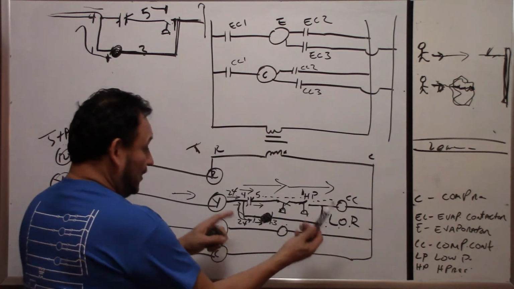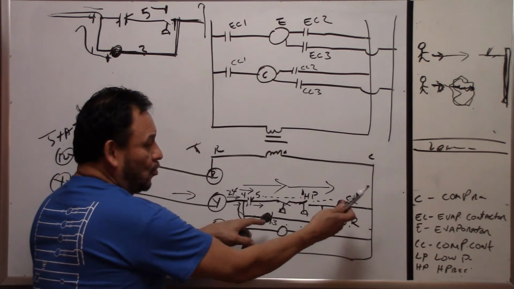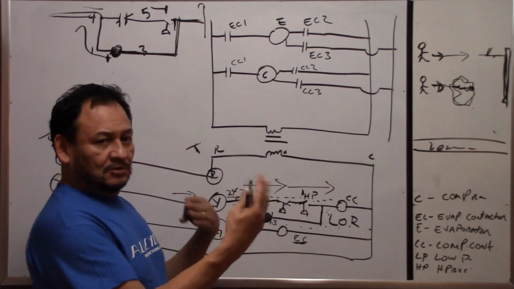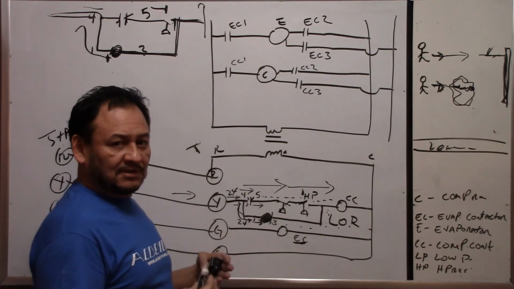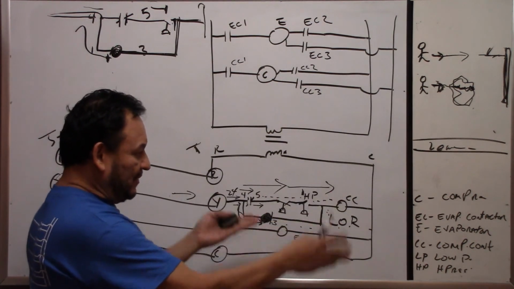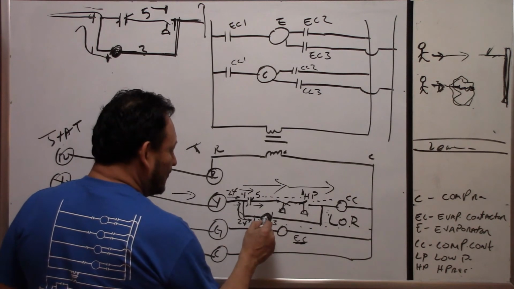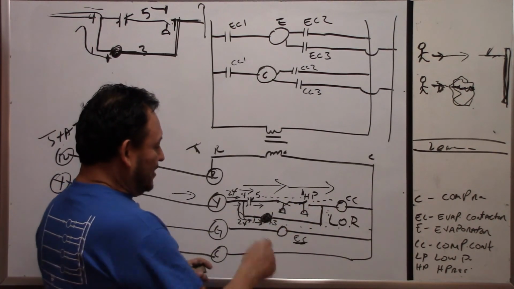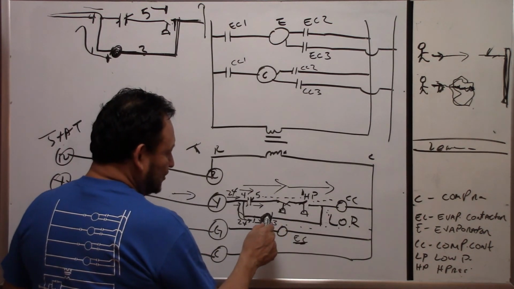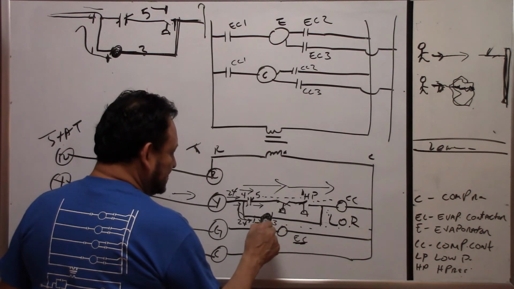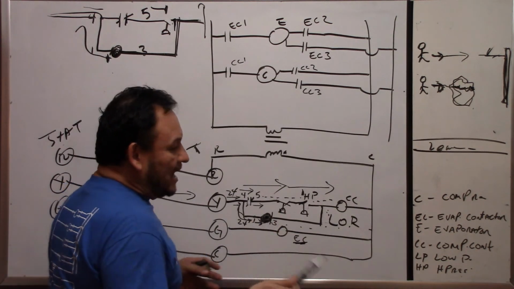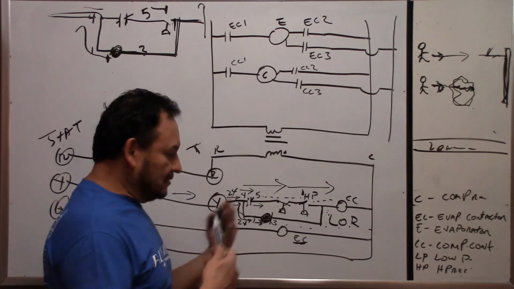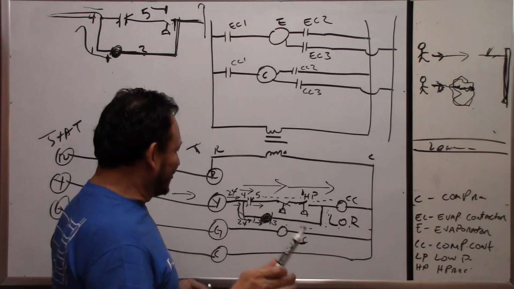Because if we had two contactors or two coils the same size, it's going to chatter, which I have done before. My friends and I were trying to see what would happen, and it was chattering because it was going up and down. Because this coil has more resistance than this one, and it takes more time for the voltage to go through it. Anyway, you understand what I'm trying to say.